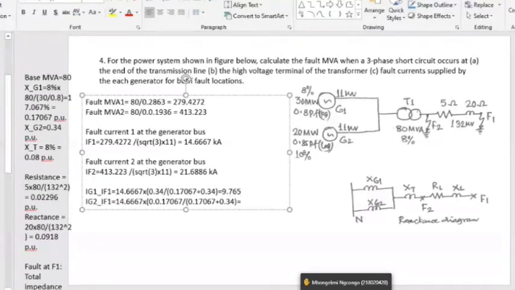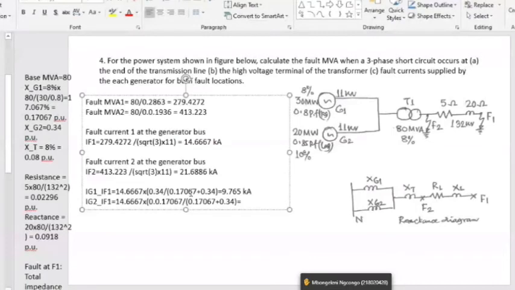9.6765 also in kiloampere, and then this should be how much? It is still in kilo unit, kiloampere, because the 14.667 is in kiloampere. These are reactances.